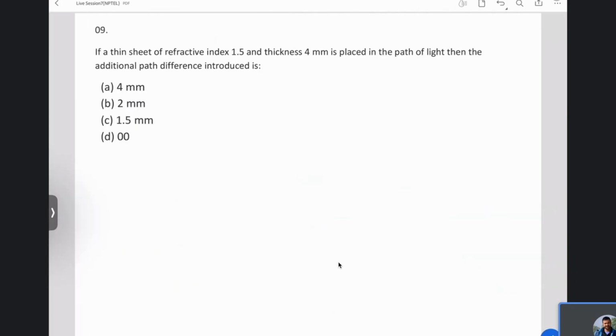Now the ninth problem. Here we have this question: if a thin sheet of refractive index 1.5 and thickness 4 mm is placed in the path of the light, then the additional path difference introduced is?